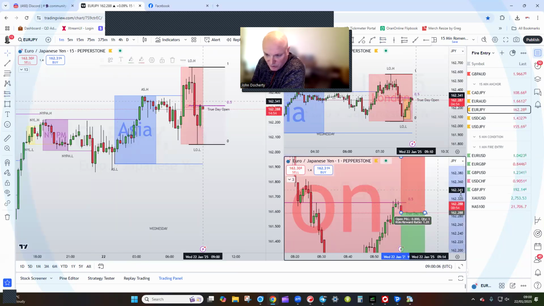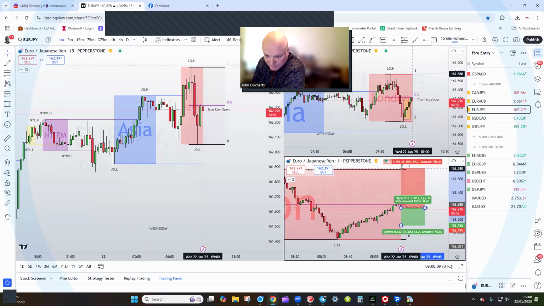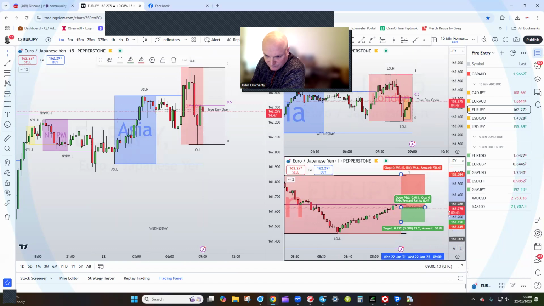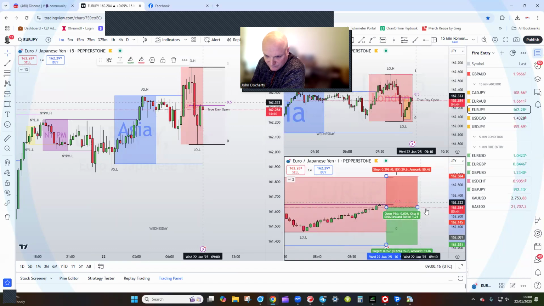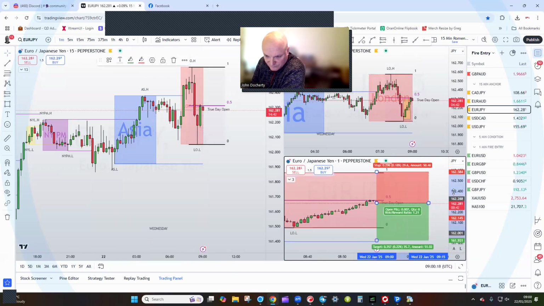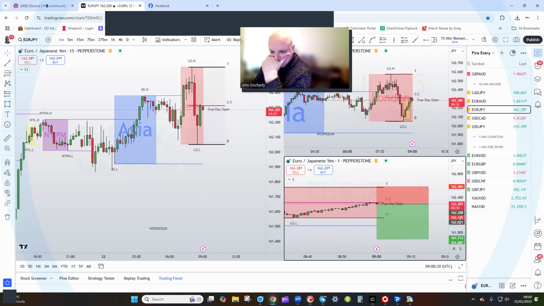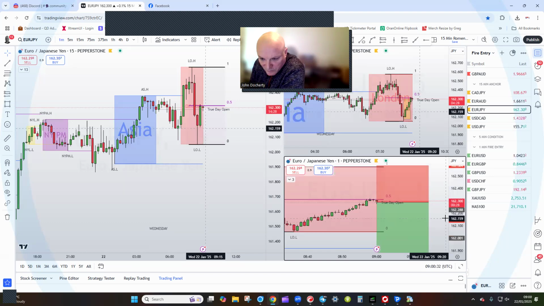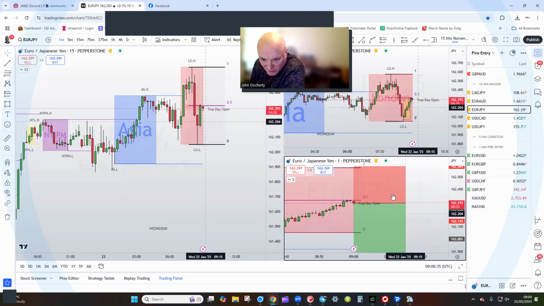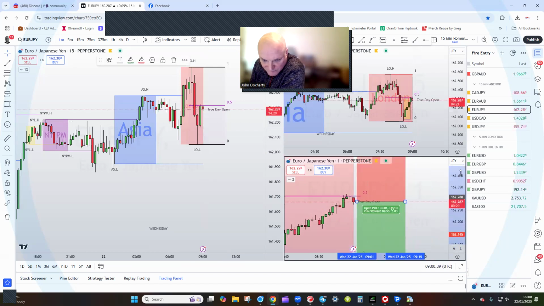So we're looking for the short. At the minute we've got a bearish engulfing happening right now, so we're just waiting for this candle to close.